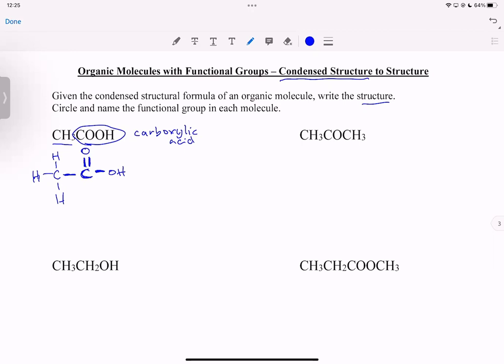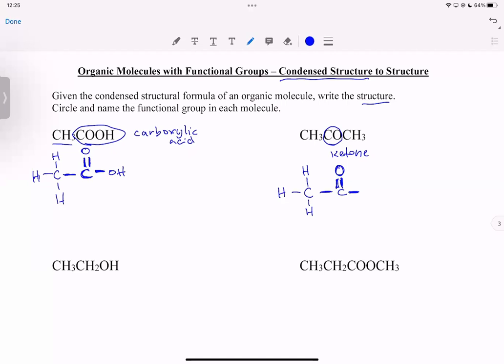Okay. The next one over is a CO, and that CO is the ketone functional group. When you're drawing the structure of this, this is a carbon with 3 hydrogens, bonded to the carbon with just the carbon double bond oxygen in the middle.